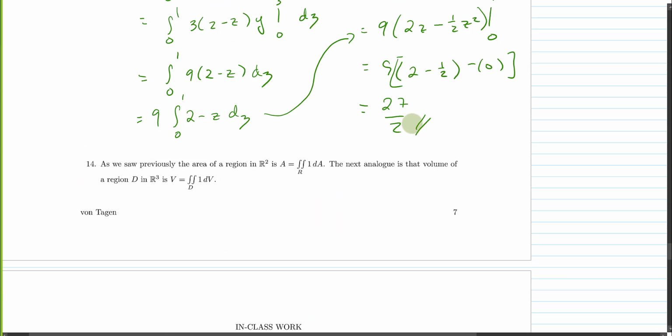But if our function is the function f of x, y, z equals 1, then evaluating the triple integral, and folks, I'm sorry, the command I have to type for this is I, N, T, and it's very easy for me to miss an I on that, so I apologize. That should be a triple integral there.